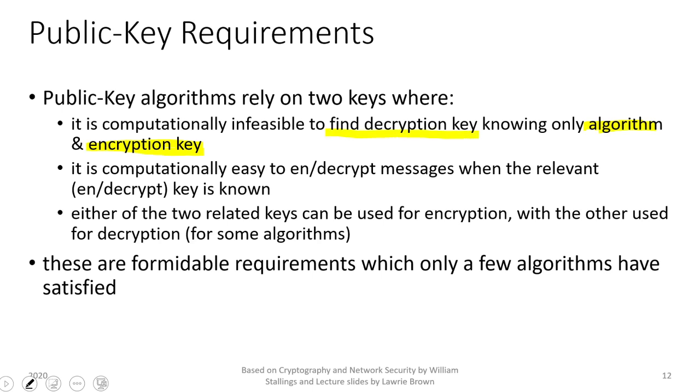Is there any possibility of guessing the decryption key if we have access to the algorithm and the encryption key? That is something that we want to avoid. So it should be computationally infeasible. We don't want somebody to be able to guess this.